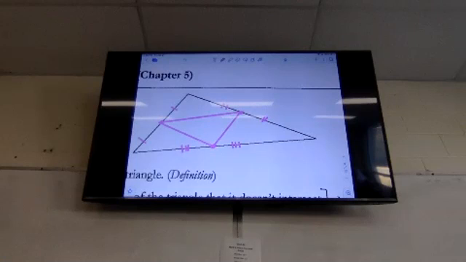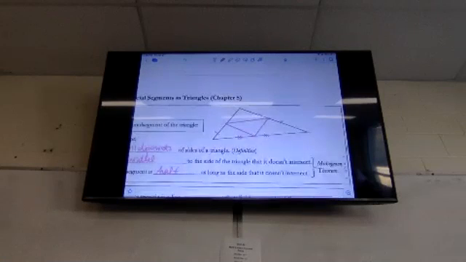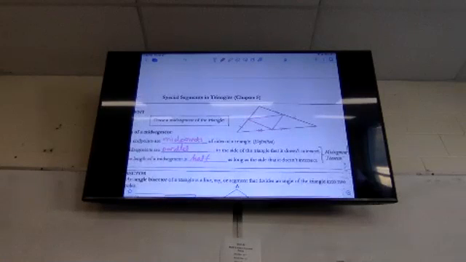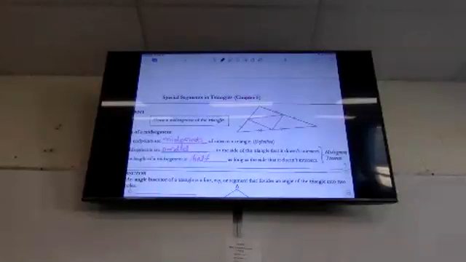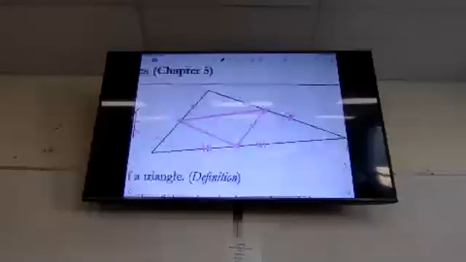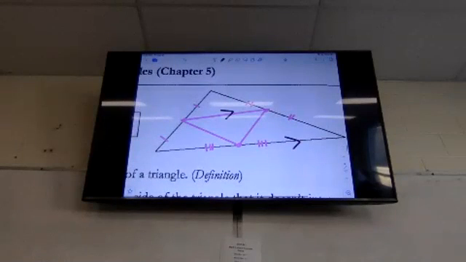You could only have 1 on your picture, but there's a maximum of 3 on each triangle. And then the properties we just talked about. These sides are parallel. And if we say this mid segment is X, then the side opposite it is 2 times X, twice it.